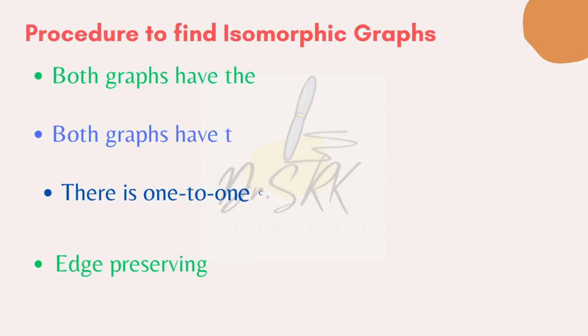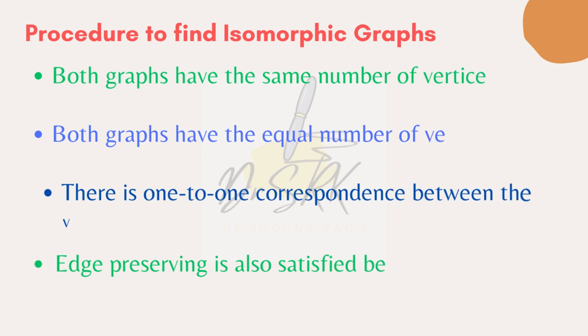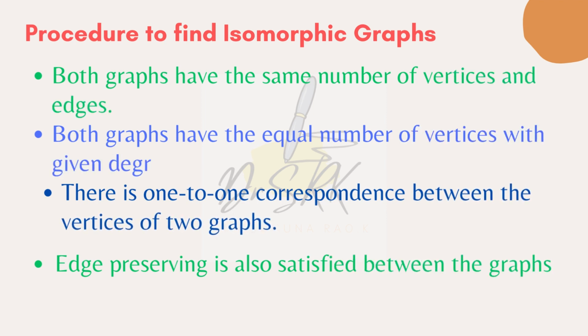To test whether the given graphs are isomorphic or not, we have a procedure. By using this procedure, we can easily identify whether the given graphs are isomorphic or not. The first point is both graphs have the same number of vertices and edges. Second point is both graphs have an equal number of vertices with a given degree.